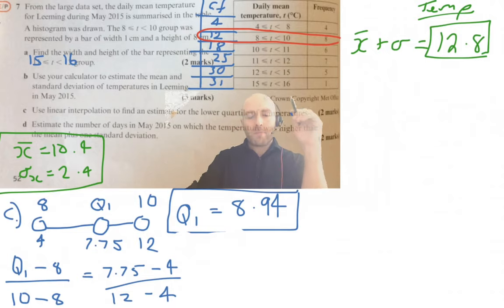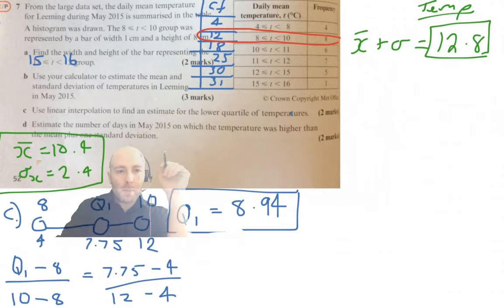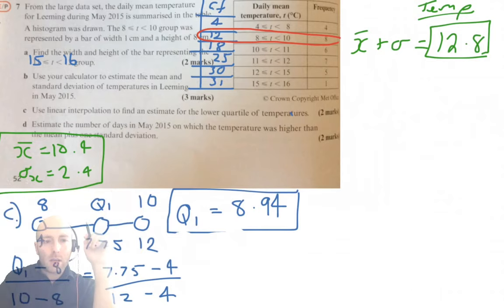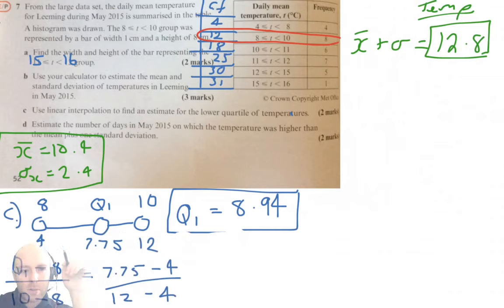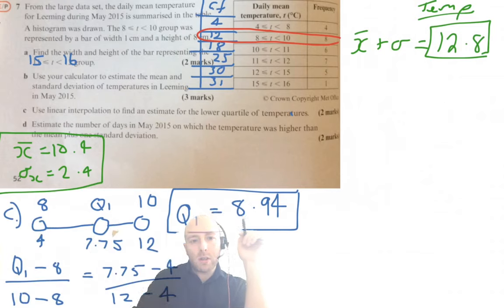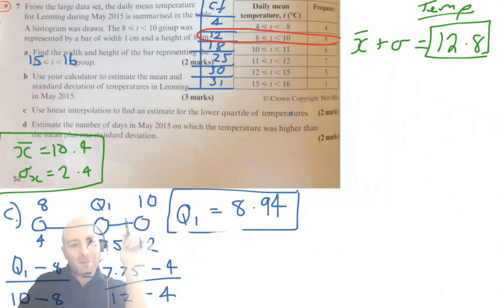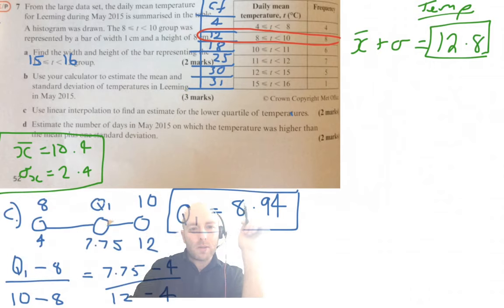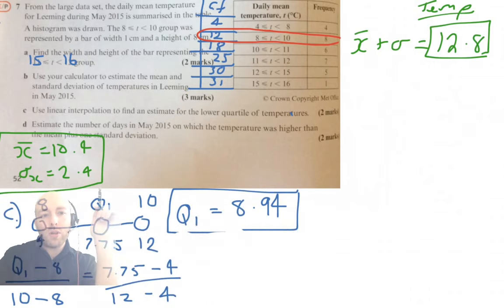So if you look, when we did interpolation just now, we had all of our frequencies on the bottom and all of our temperatures on the top, sorry, I've got that backwards. Remember, we found the lower quartile of the temperatures was 8.94 degrees.